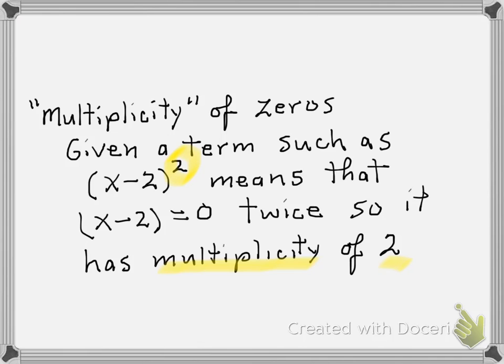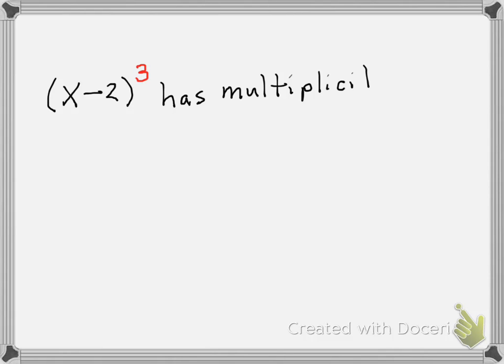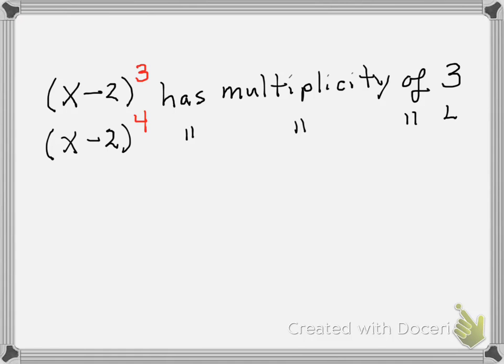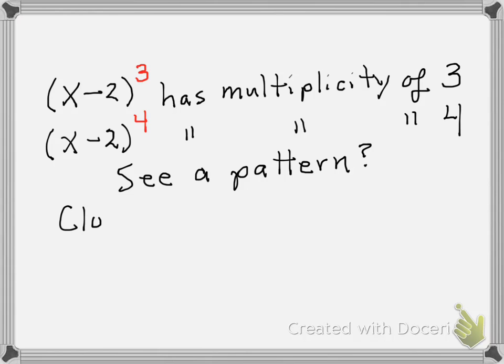And so it's pretty easy to figure out where the 2 comes from, I hope. If we have x minus 2 cubed, that has a multiplicity of, wait for it, yes, indeed, 3. x minus 2 to the 4th has multiplicity of 4, and hopefully you can see a pattern.